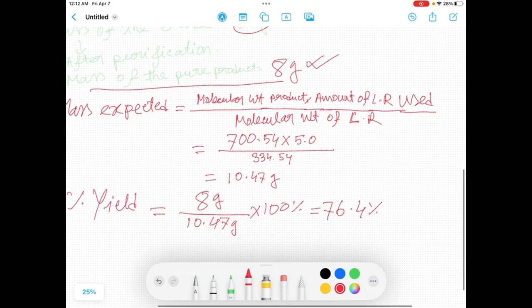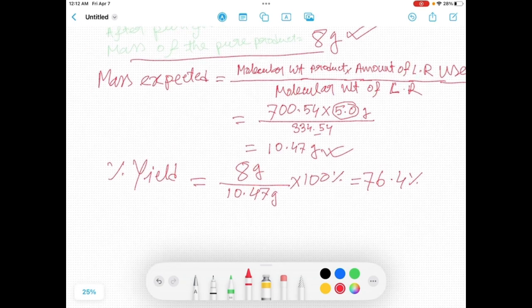Then the percent yield will be your pure amount divided by what you expected, times 100.